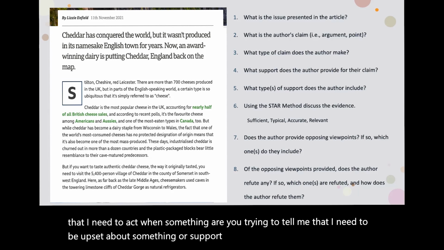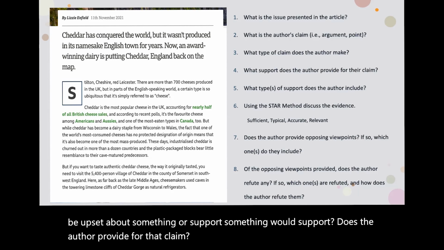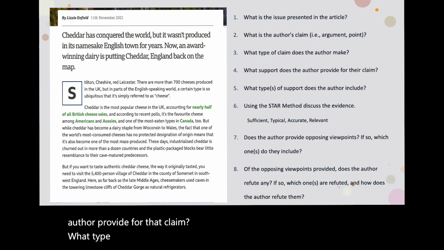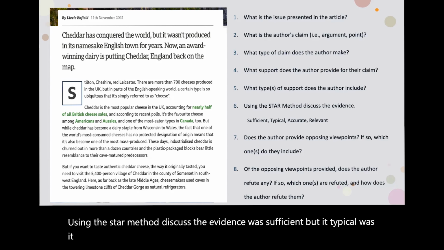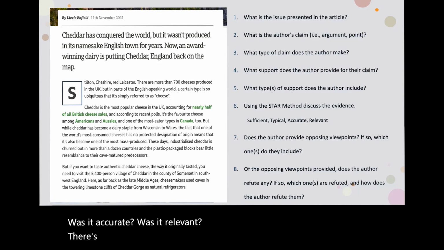What support does the author provide for that claim? What type of support does the author include? Using the STAR method, discuss the evidence. Was it sufficient? Was it typical? Was it accurate? Was it relevant? Does the author provide opposing viewpoints?